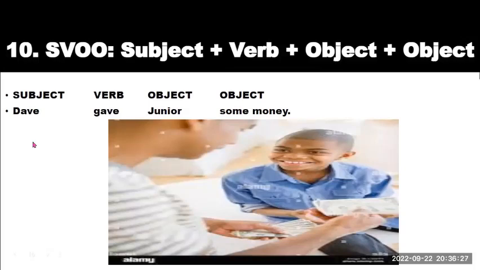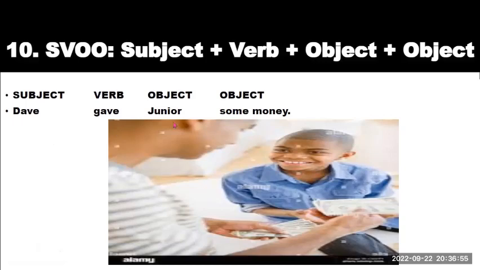Now, Dave is the subject, gave is the verb, Junior is the object, and some money is also an object. And you may ask me, why do we have 2 objects in this sentence? Well, one is a direct object, the other is an indirect object. Now, some students get confused as to which is the direct and which is the indirect object. I will explain this to you.